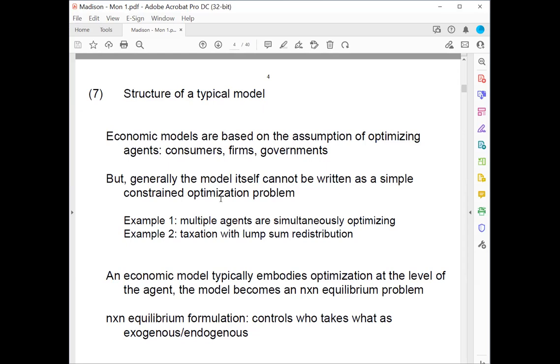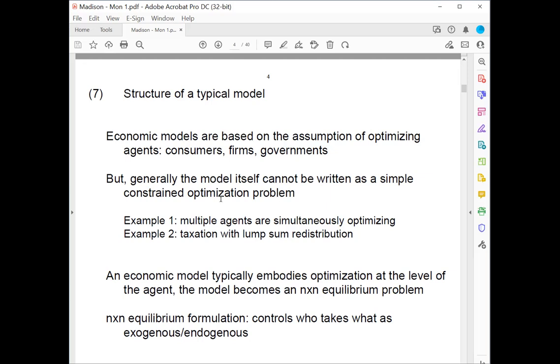So an economic equilibrium model typically embodies optimization at the level of the agent. So the model becomes an n-by-n equilibrium problem where the individual equations or weak inequalities are derived from the optimization problem of that individual agent.